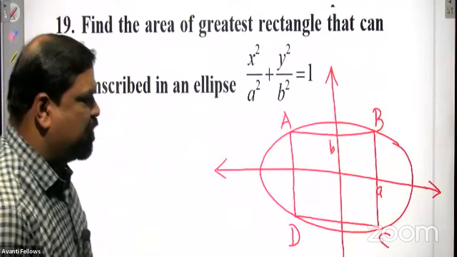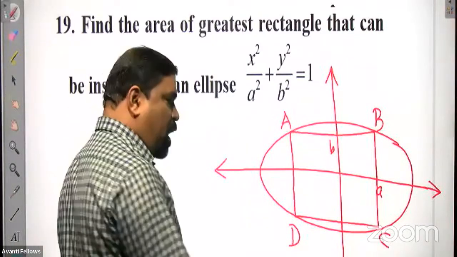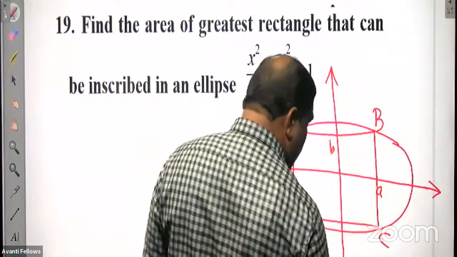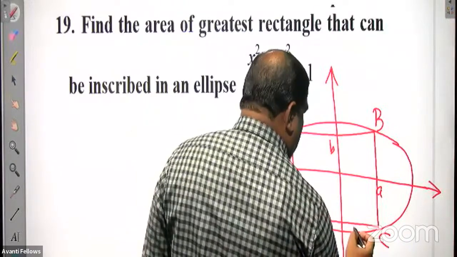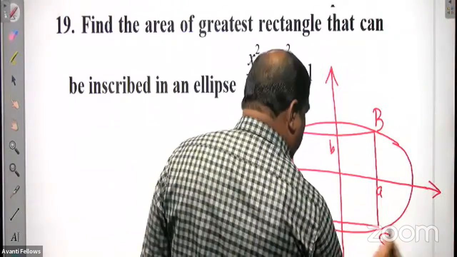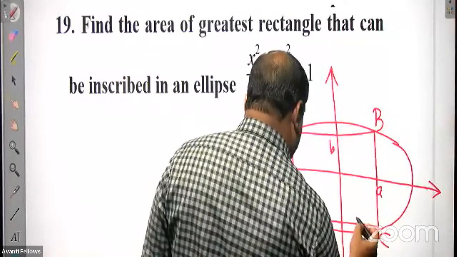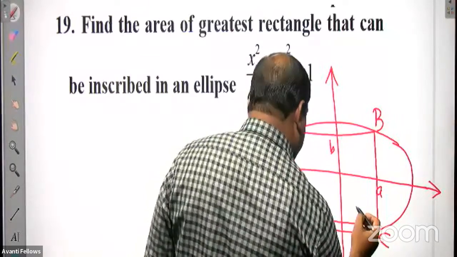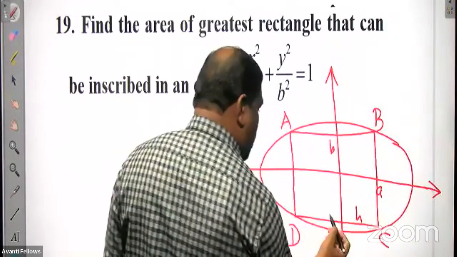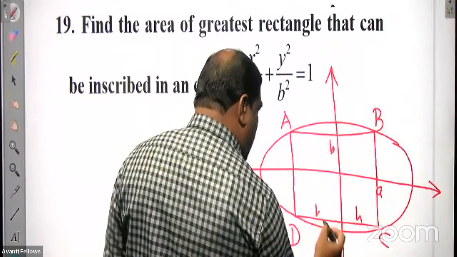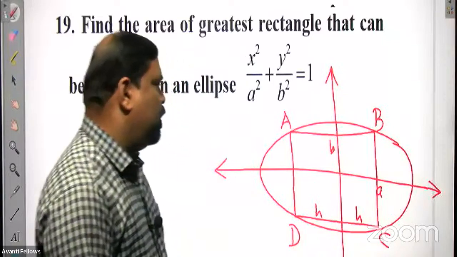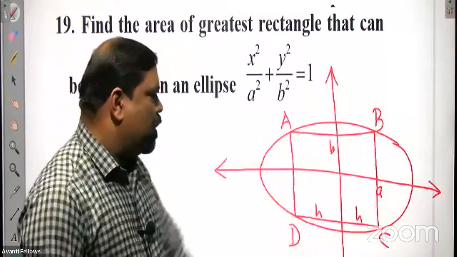Length can be taken as 2h, and breadth 2k. Why I am taking 2h means so that I can take h on the left and right part. It is symmetrical with x and y axis.